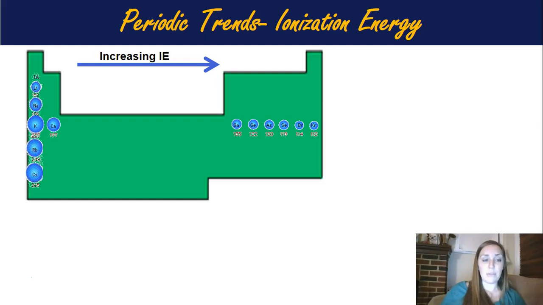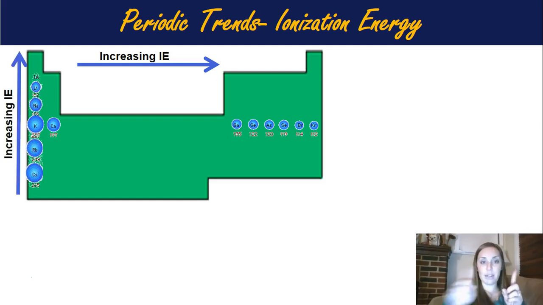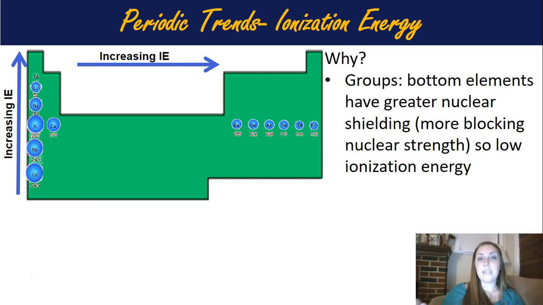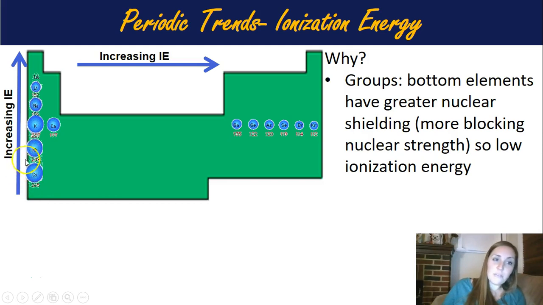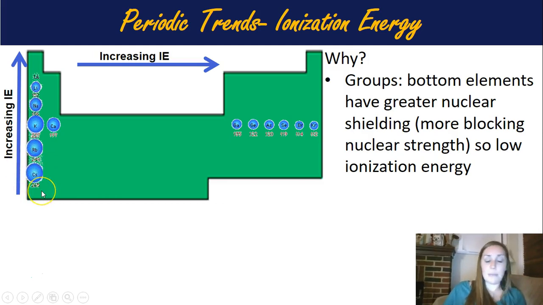So what about up and down the groups? Again, we're seeing the same trend that we saw in electronegativity. Ionization energies increase up the periodic table, and it's for the same reason. The elements on the bottom are really big, so they have greater nuclear shielding. The electrons on the very edge of cesium or francium, those really big atoms, don't really feel the nuclear pull that much.